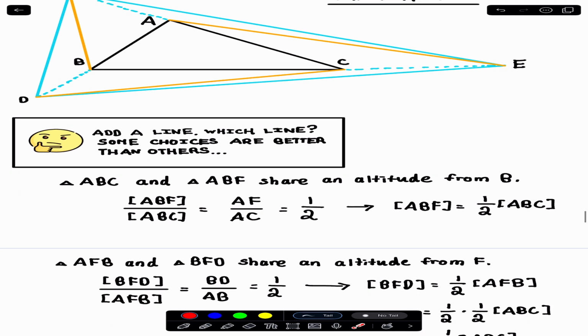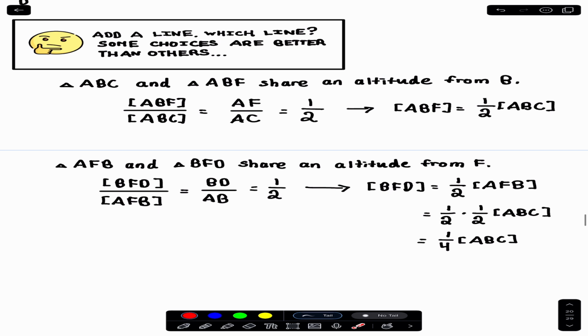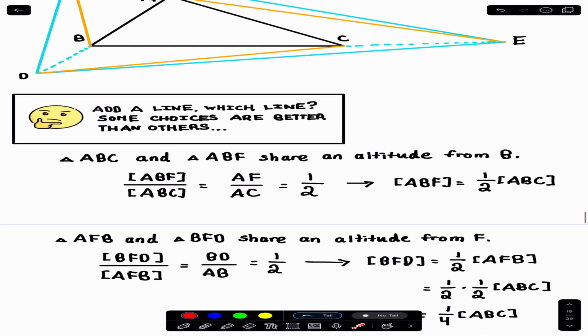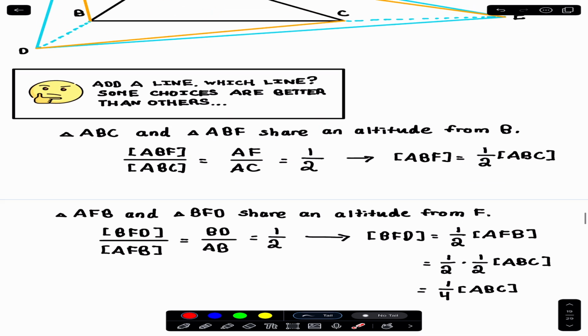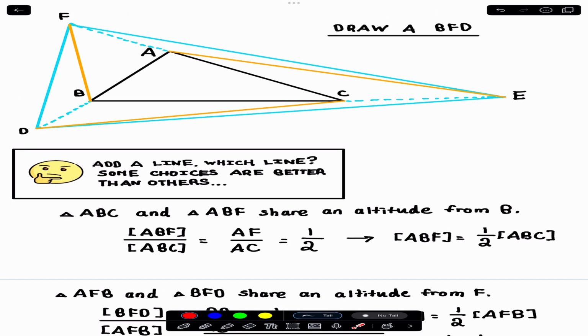So I'm going to actually let you do this on your own. Don't worry, in the solution document I will actually write everything out fully. It's just right now I want to get through this a little bit quicker, but I want you to repeat the same process. I want you to relate triangle BDC to the original triangle ABC.